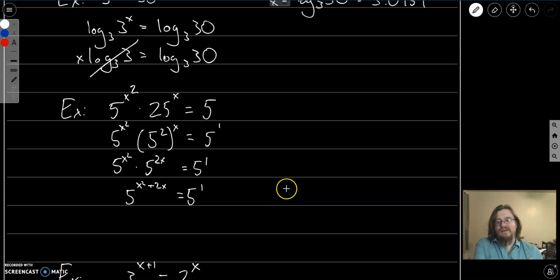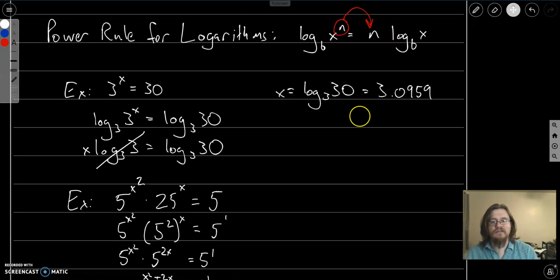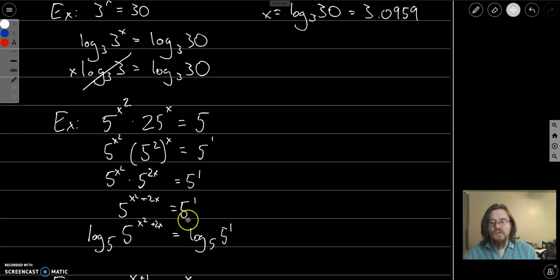Okay. And now we see all these exponents up here. And what I would like to do is just say, oh, 5 to a power is equal to 5 to a power. Those powers should be equal. Well, we can also prove this. Let's take log base 5 of both sides. Using our power rule, we get to bring down our exponents.